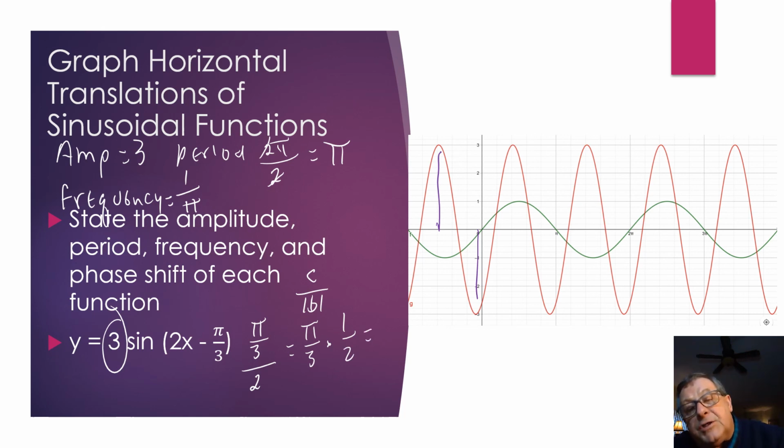So then my phase shift, oh, I forgot my negative. But this is negative, this is negative, negative, so it becomes positive. This negative c up here, I almost always forget that. I don't know why. So that becomes positive. And what's my phase shift? Pi over 6.